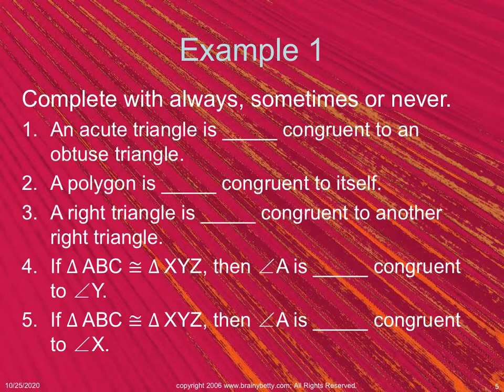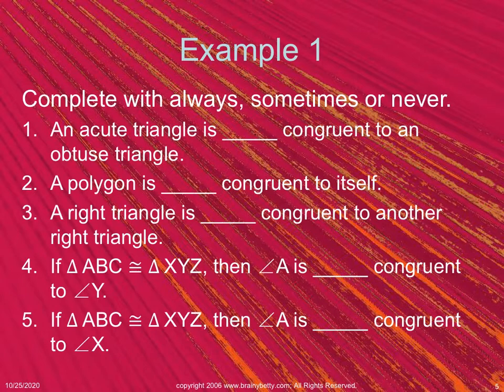So here again, remember when we have congruent triangles, every angle needs to match. So here it says an acute triangle is blank congruent to an obtuse triangle. Well, you should realize that an acute triangle has all 3 acute angles. An obtuse triangle would have 1 obtuse angle. So there's no way that these could ever be congruent.